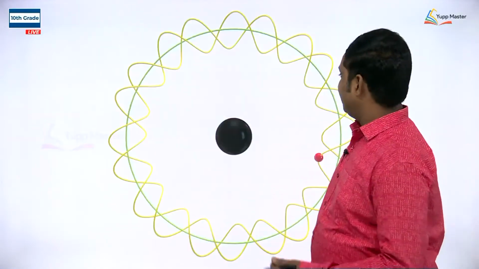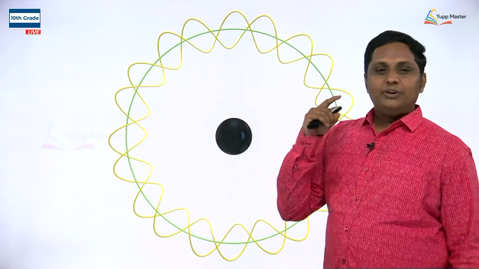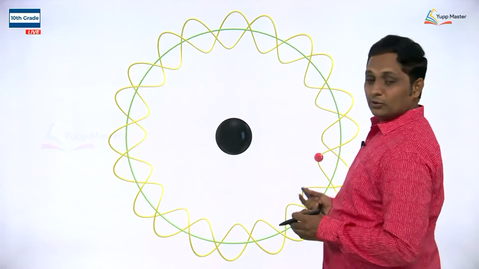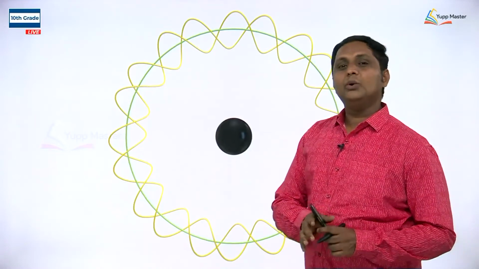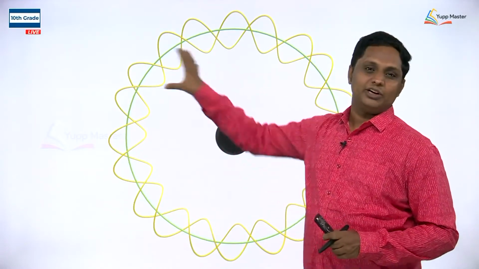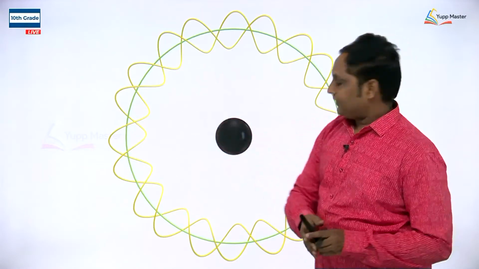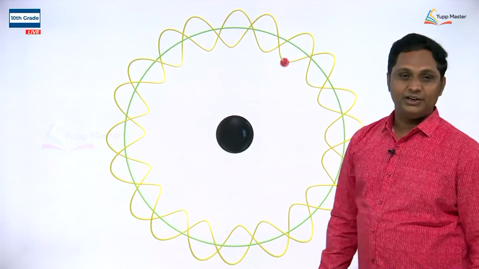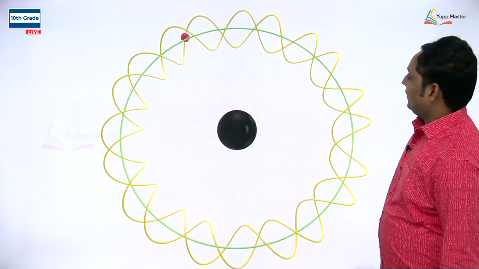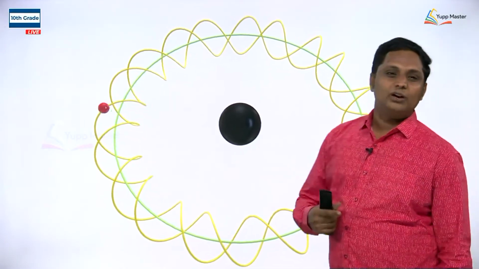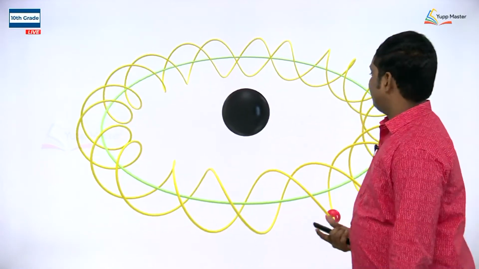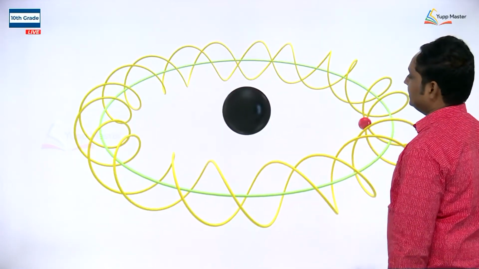If you have learned about macroscopic phenomena and microscopic phenomena, I hope so, in the lower classes you have studied macroscopic phenomena. It is very clear if you go for microscopic phenomena, the electron is revolving in its orbit, we can identify that.